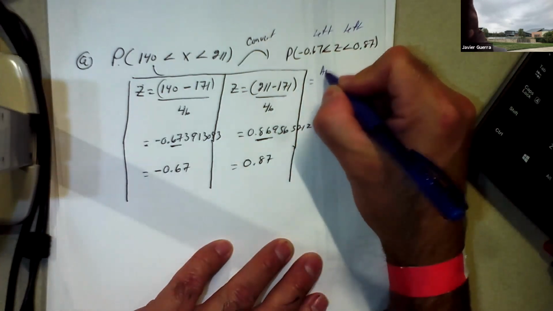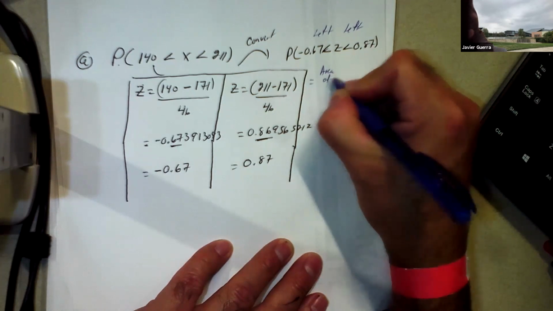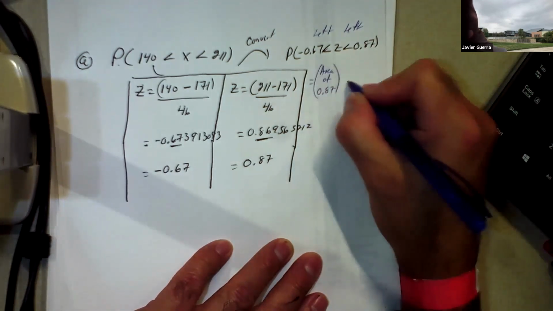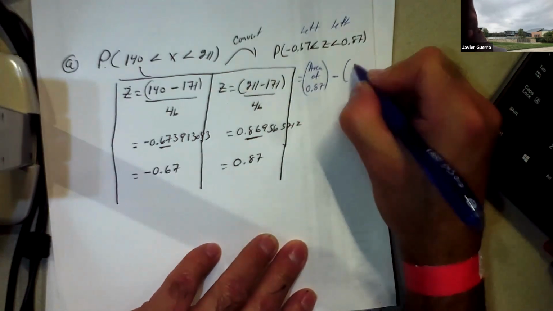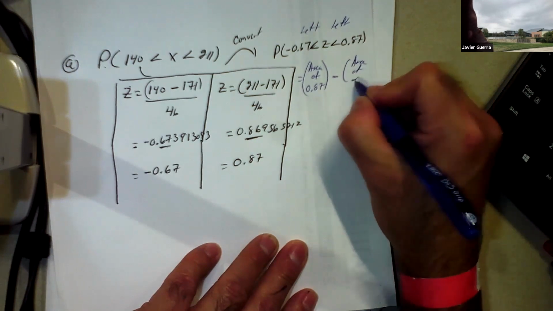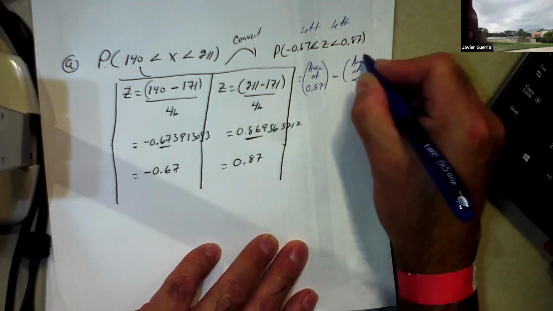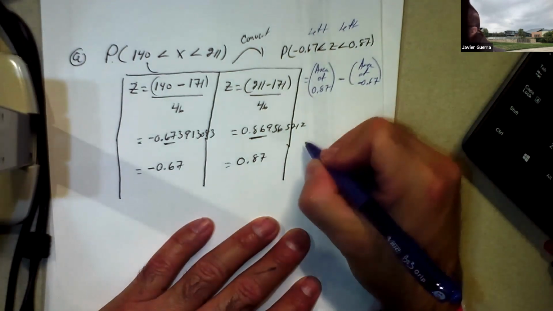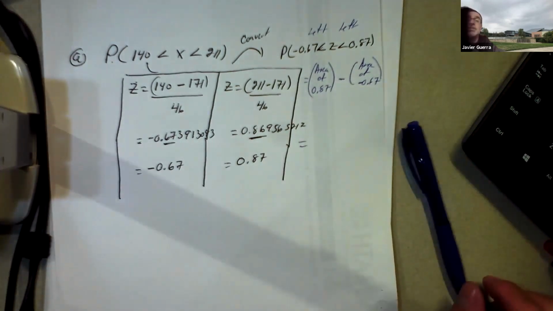So area of 0.87 minus area of negative 0.67. And I have to find both of those numbers on the stat disk on my left.